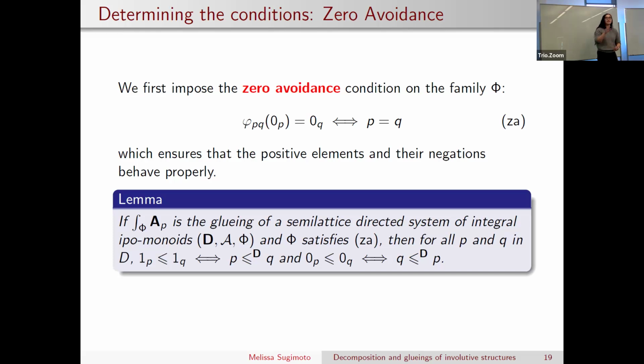So unless the map is the identity, you never map anything to the zero of the next component. This ensures that the positive elements and their negations behave, properly, should probably be in quotes there, in the way that guarantees that the positive elements are only the local identities and the tilde elements are only the tilde of those.